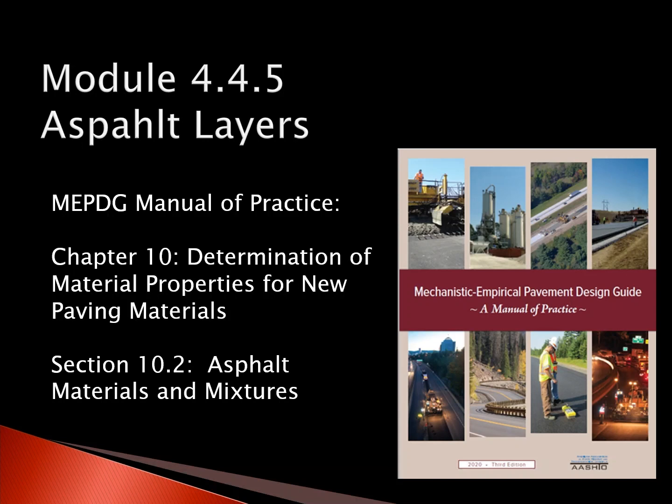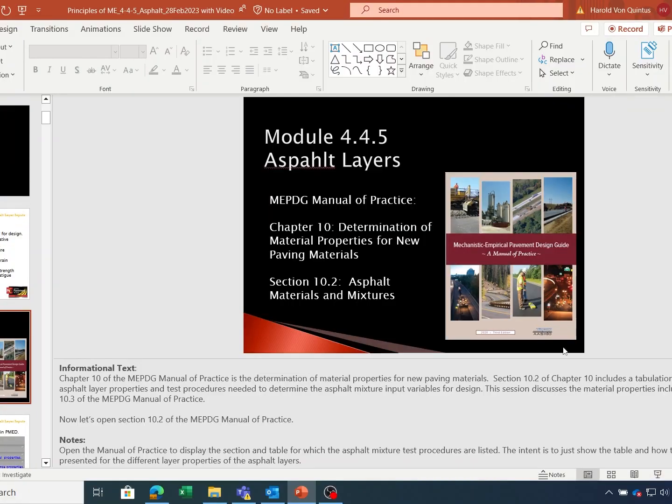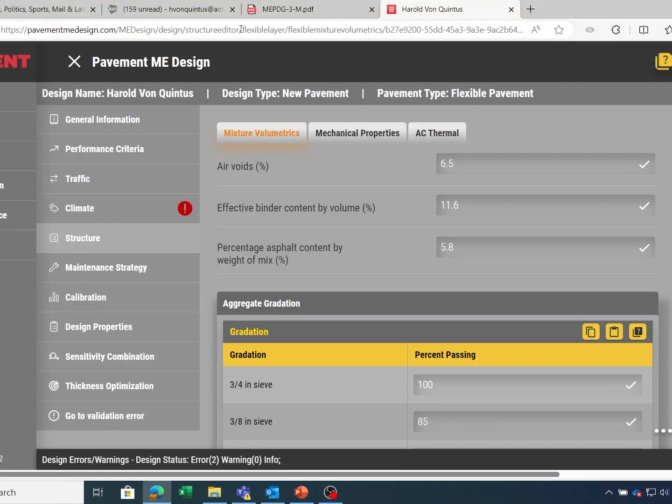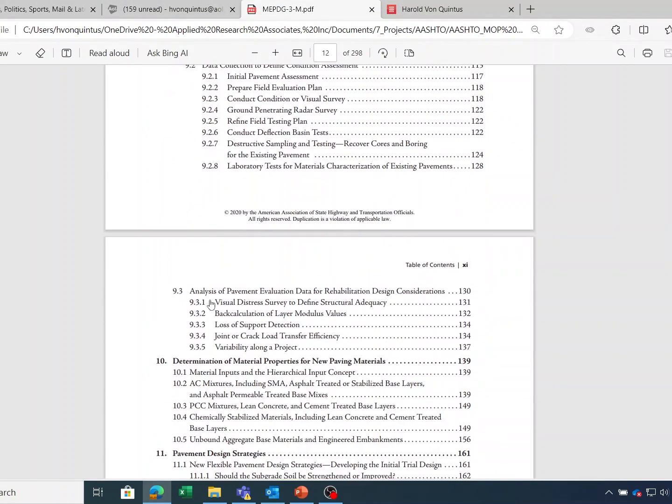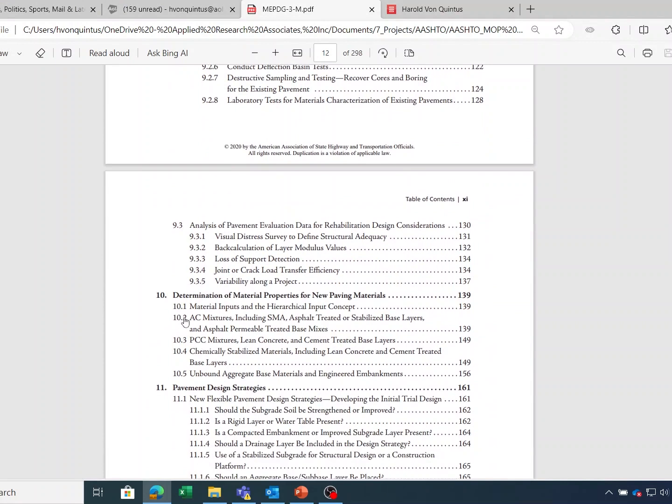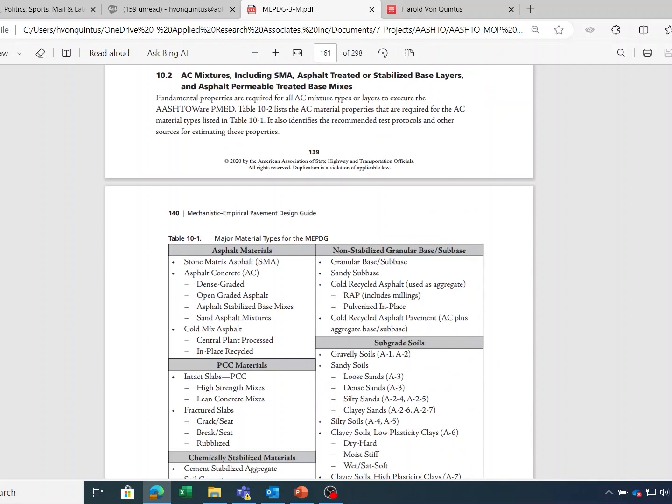Now let's open section 10.2 of the MEPDG Manual of Practice. So going down to section 10.2 AC, or asphalt concrete mixtures, including SMA, asphalt treated or stabilized base layers, and asphalt permeable treated bases.